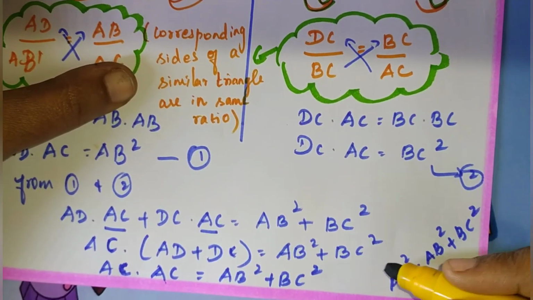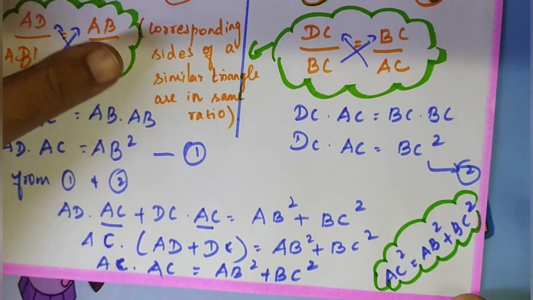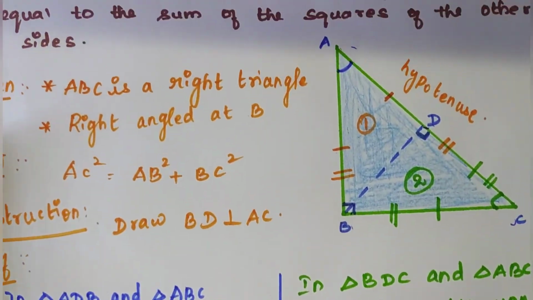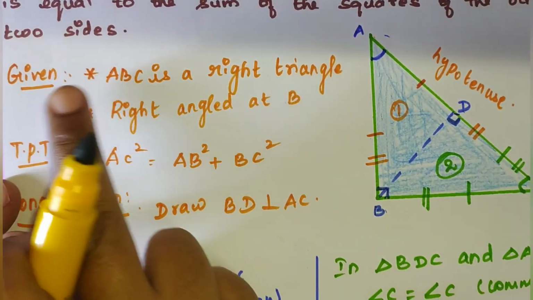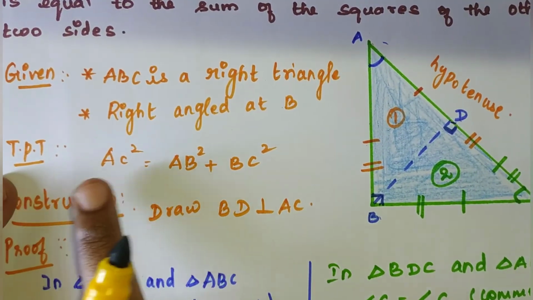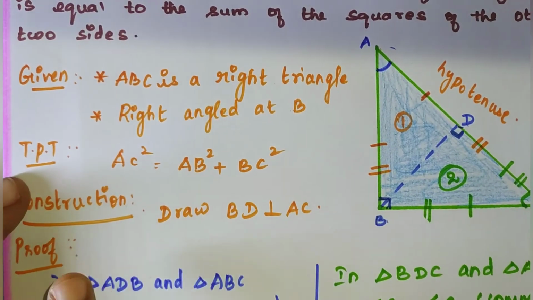Clear? So we proved that the square of the hypotenuse is equal to the sum of the squares of the other two sides. This is a very easy theorem. I tell you again: first, given ABC is a right triangle, right angled at B. We have to prove that AC square is equal to AB square plus BC square.